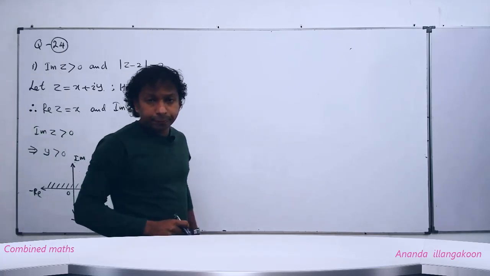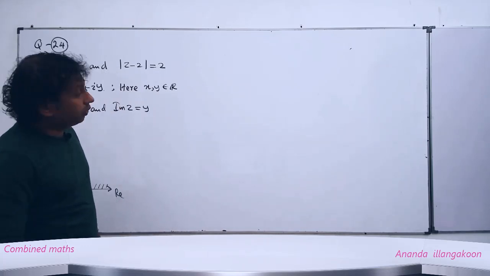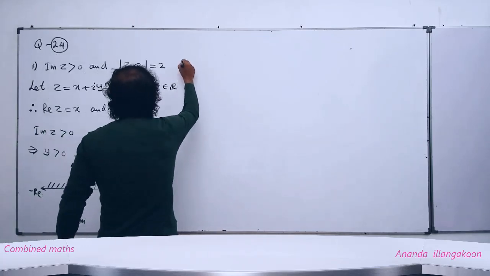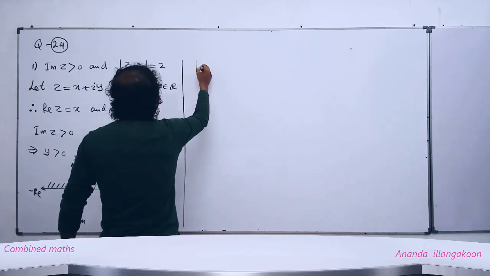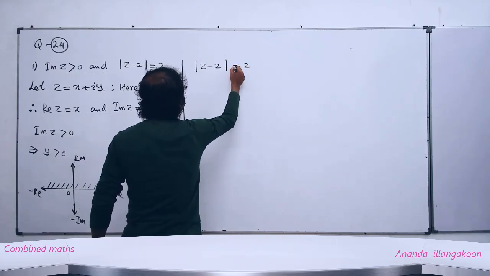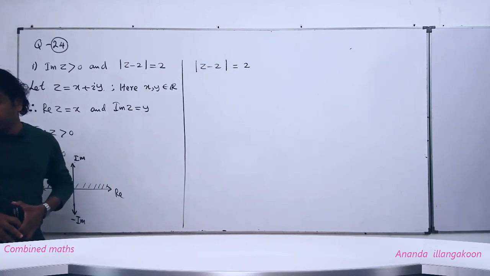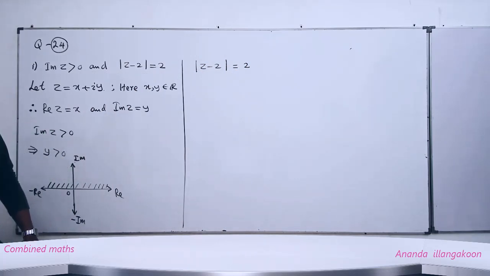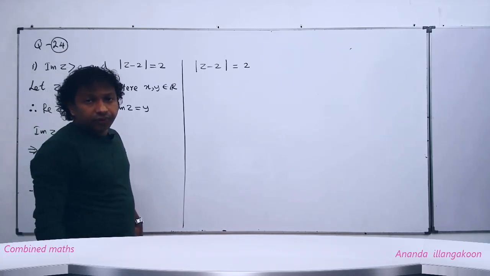The second one is mod z minus 2 equals 2. Can someone tell me what is the corresponding path for this? It is a circle. Where is the center?